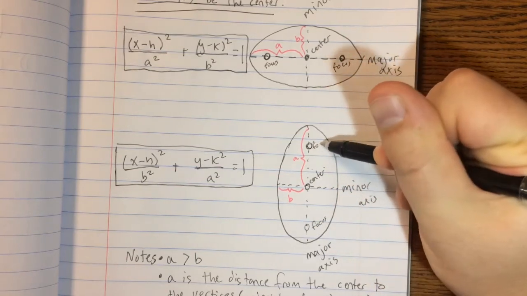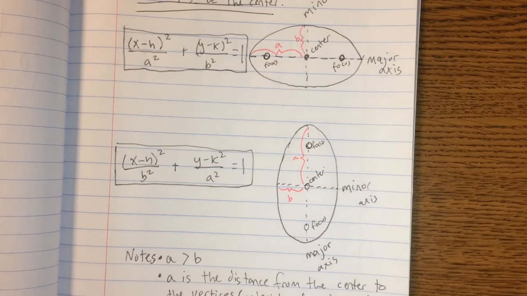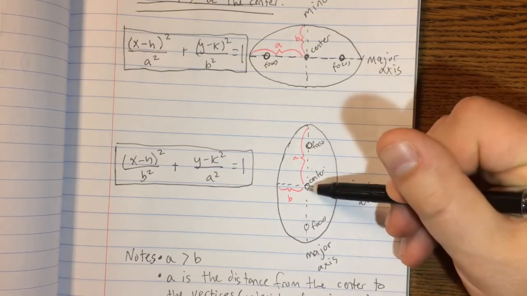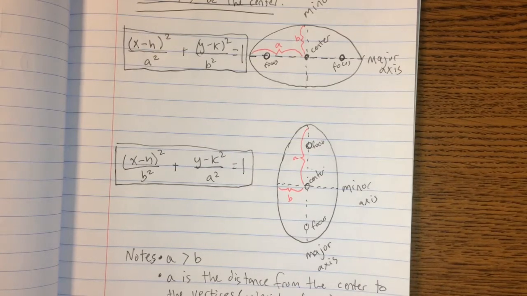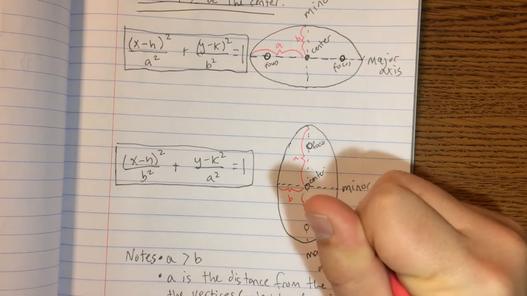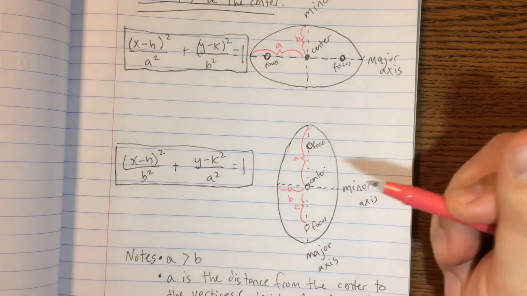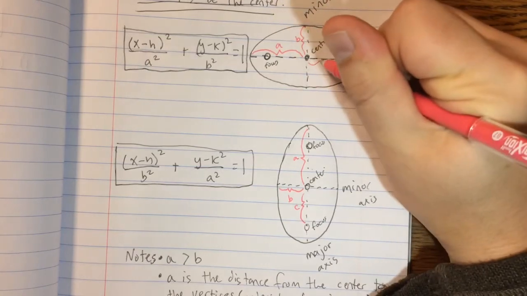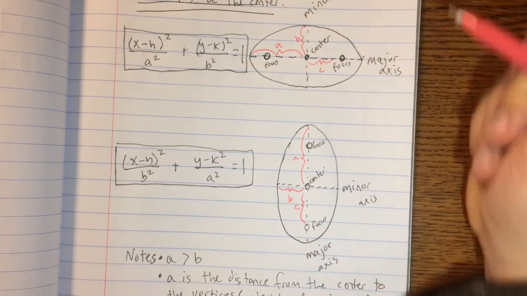Okay, so you might notice that this point doesn't really help you graph anything here. It's really more related to the actual definition of an ellipse. But for now, let's just define how to find that coordinate. Okay, the focus is going to be C units from the center.